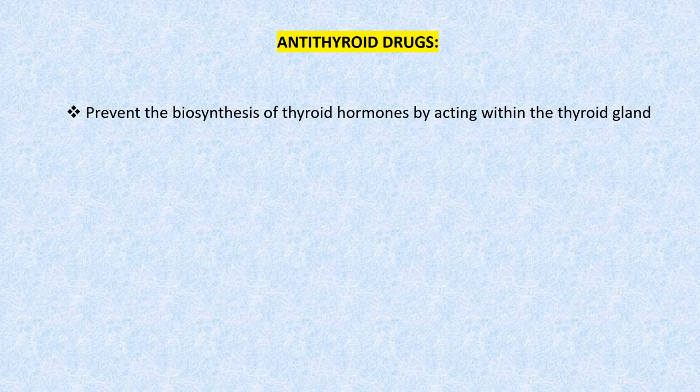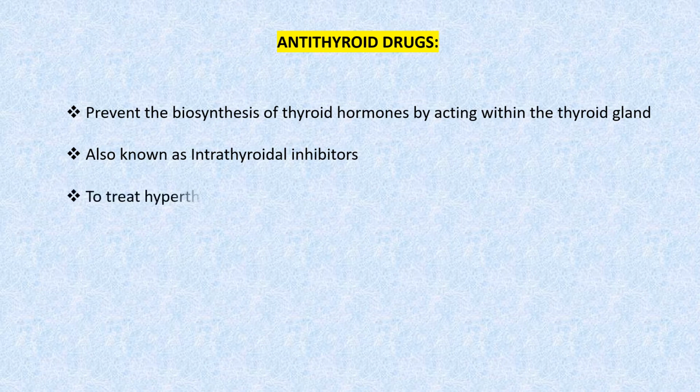Now these drugs are producing their action within the thyroid gland, therefore they are also known as intrathyroidal inhibitors. Inhibitors means the drug which inhibits. So whose action is inhibited here? That is of your thyroid gland, so that biosynthesis of thyroid hormones can be inhibited. Therefore it is known as intrathyroidal inhibitors.